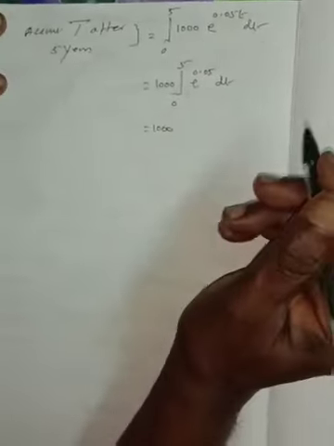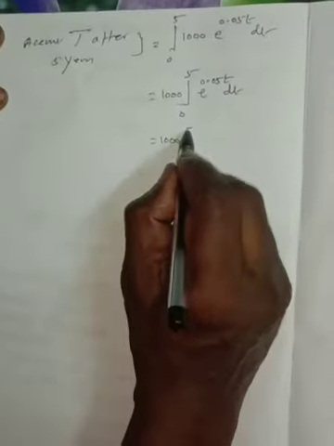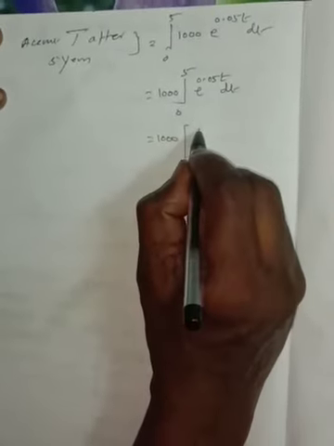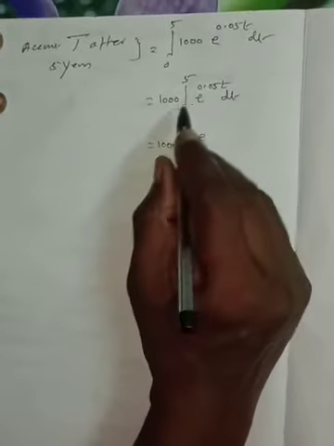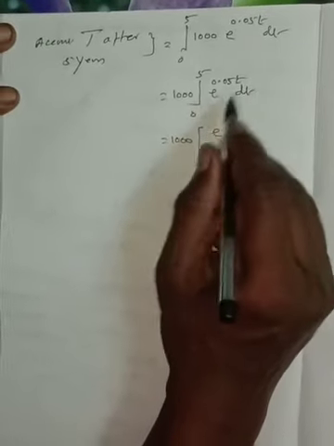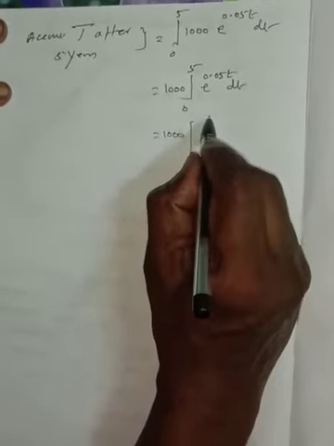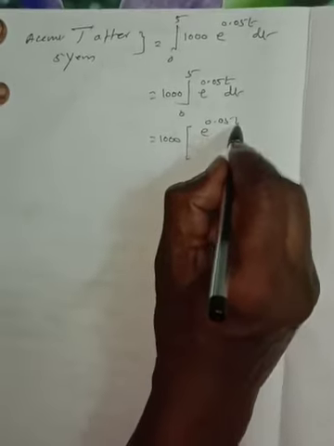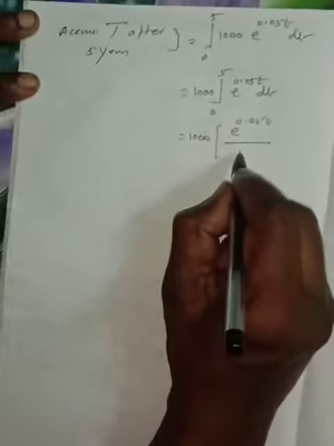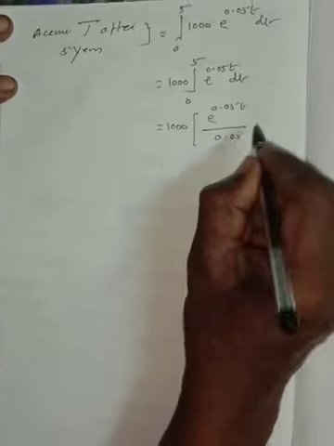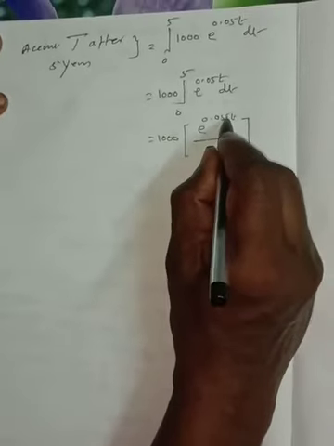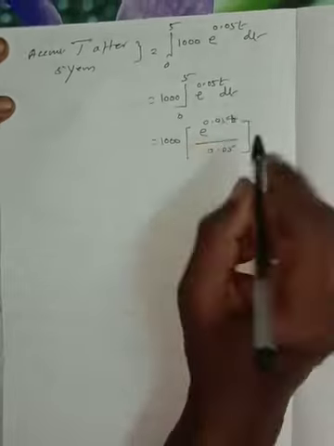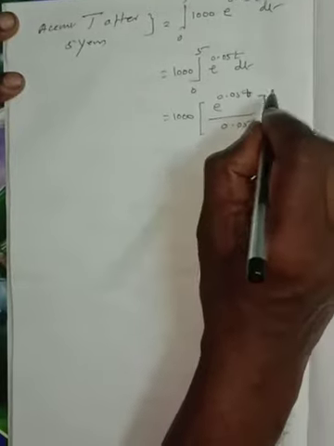Integrating, e to the power of ax means e to the power of ax divided by a. Therefore e to the power of 0.05 t divided by 0.05, the coefficient of t, limit varying from 0 to 5.